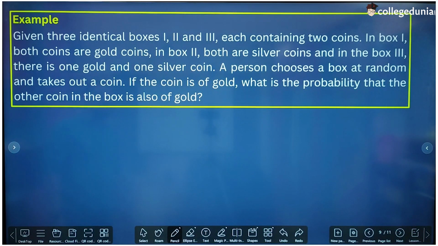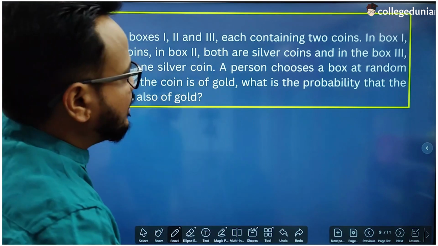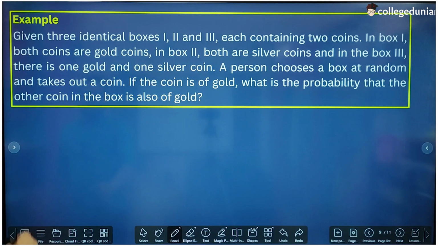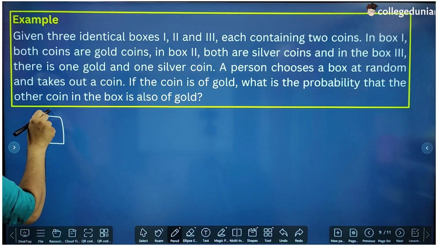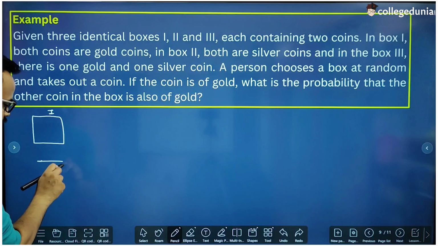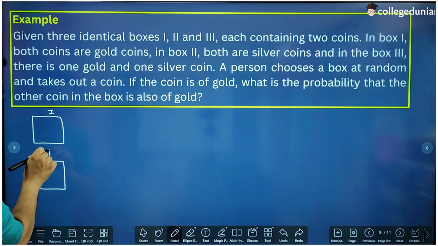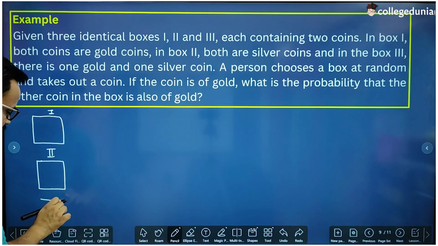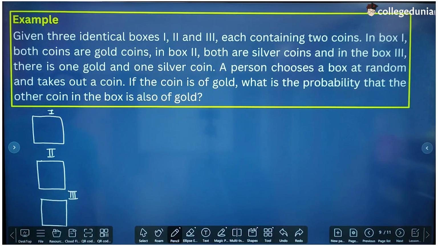Given 3 identical boxes 1, 2 and 3, each containing 2 coins. Okay, there are 3 boxes, box 1, box 2 and box 3. Each containing 2 coins.